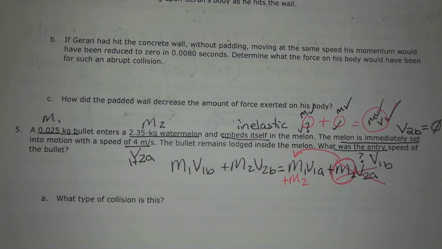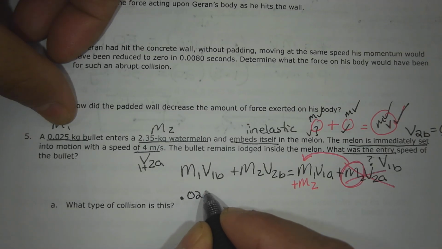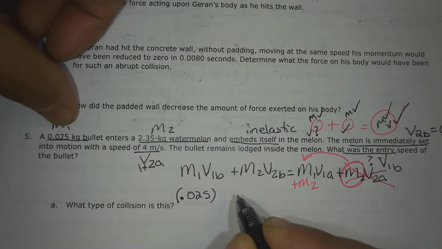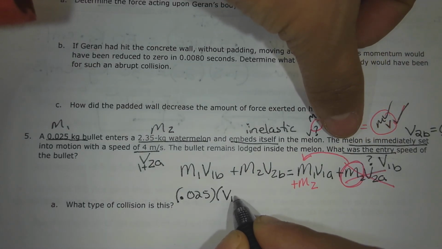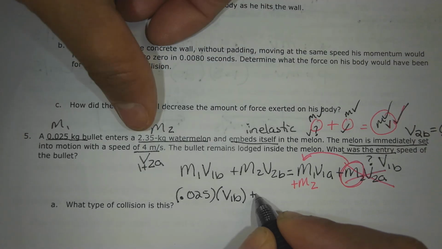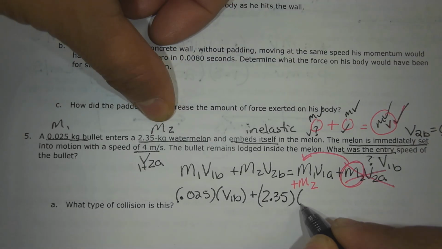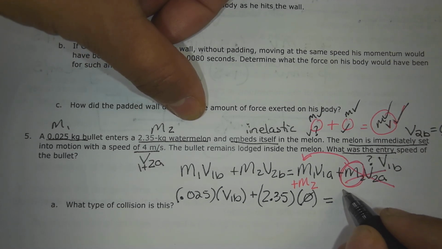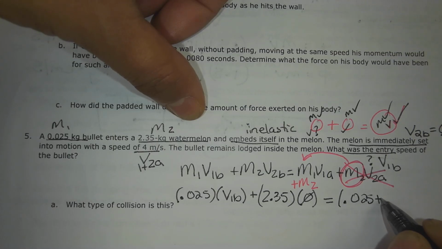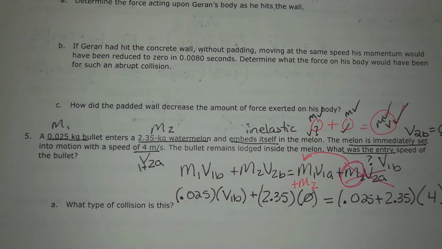Now, I'm going to plug in my numbers. The mass of the bullet, 0.025, times the velocity, which Shelby was correct, I was just messing with her, is V1B unknown, plus the watermelon, 2.35 times the velocity, Ruby did really good, that was 0, equals 0.025 plus 2.35 times the velocity of 4 after they were combined.